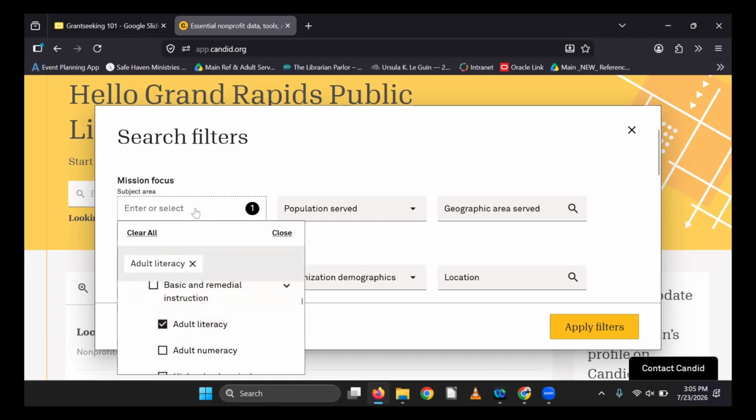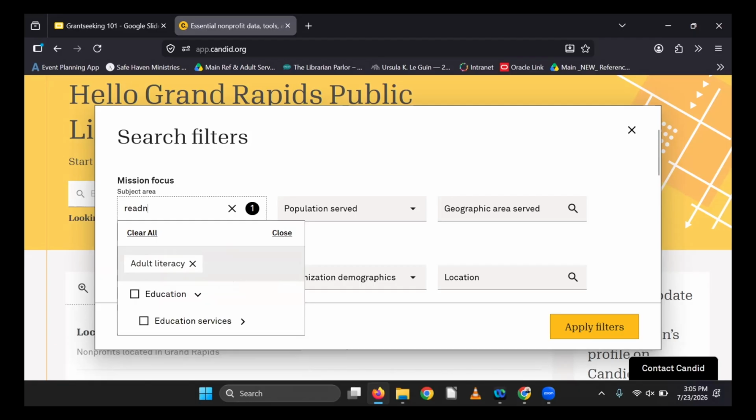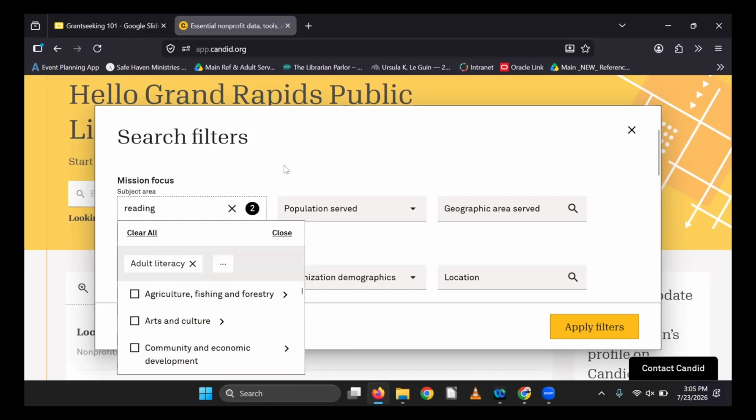And we were also talking about the subject area of reading promotion. And so right now, you see that two in the upper right-hand side, you can see that we have those particular subjects selected.